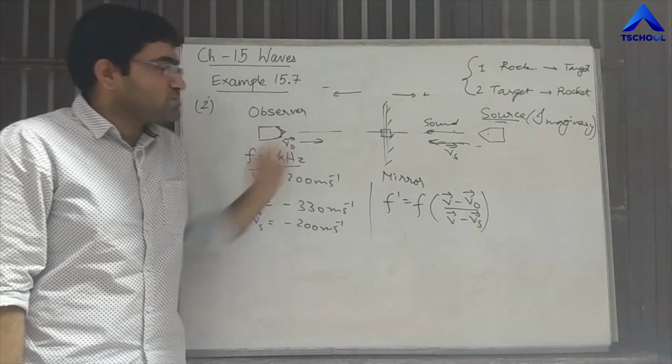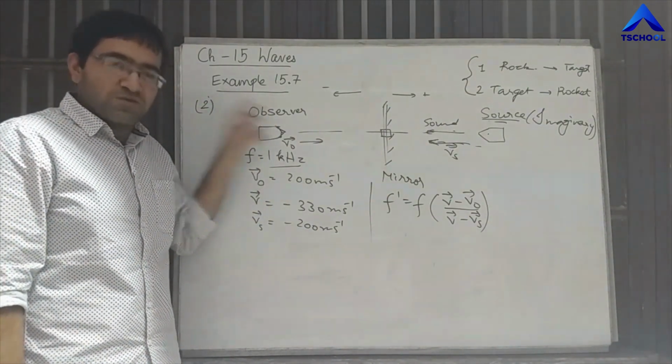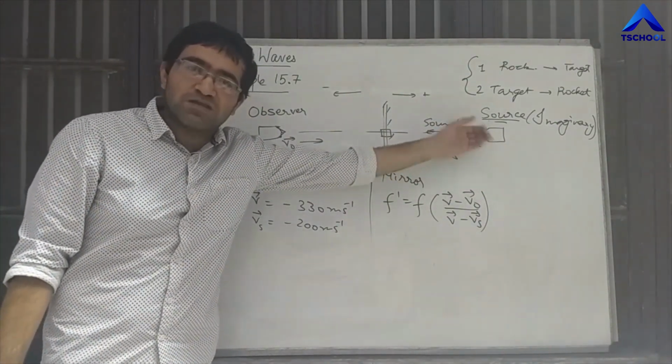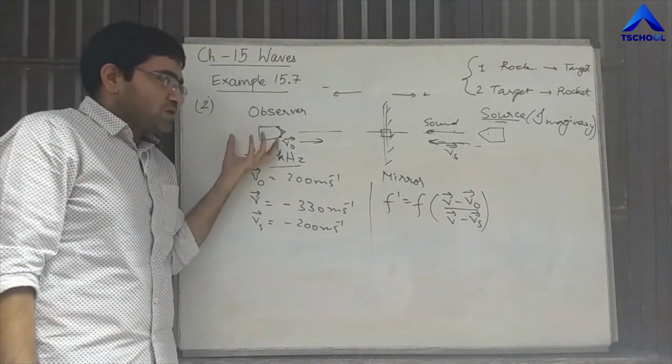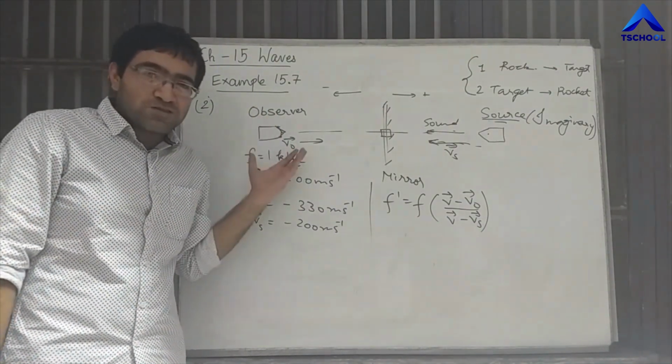So think of it as a mirror. This is the observer because finally the sound arrives here. You can think as if the sound came from the mirror image, and this person over here is listening to it or detecting it. Alright, I hope you have got this technique clear.